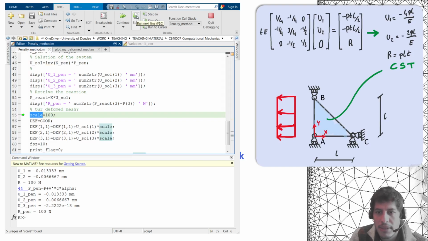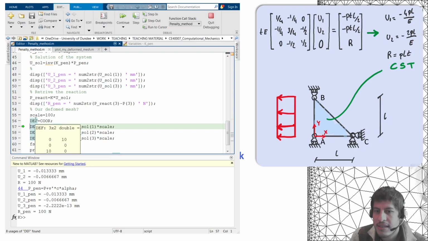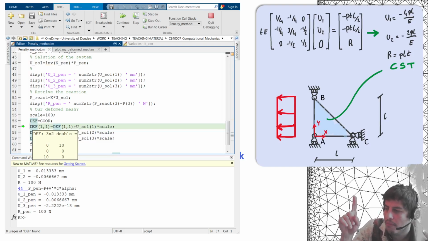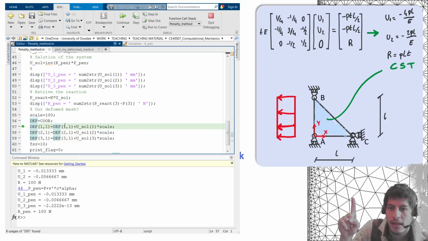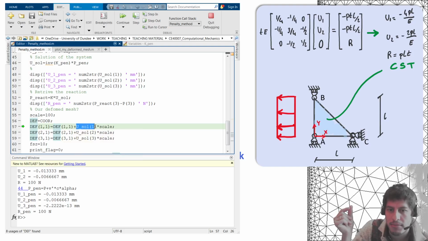And then we see that we first define the deformation as basically giving it the coordinates of our nodes. But then what I do is that I add the displacement to the original coordinates. So for example, for node 1, that was our node in B, there was a displacement in X. So the position of node 1 in the X direction is changed due to the displacement.